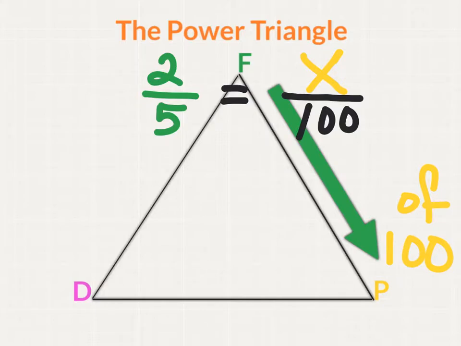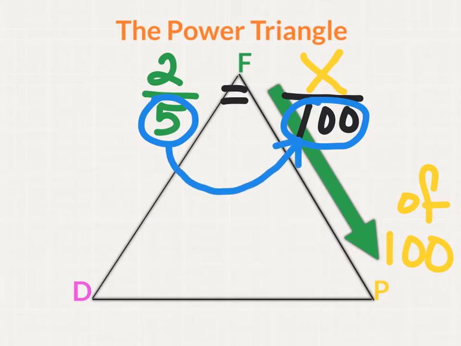If I look at 2/5, my original fraction, 2/5 is 2 of 5. I need a fraction that is some number of 100. So if I'm changing the denominator from 5 to 100, what am I going to have to do to the 5 to make it 100? I'm going to have to scale it up by multiplying by 20. If I multiply 5 times 20, I get 100.